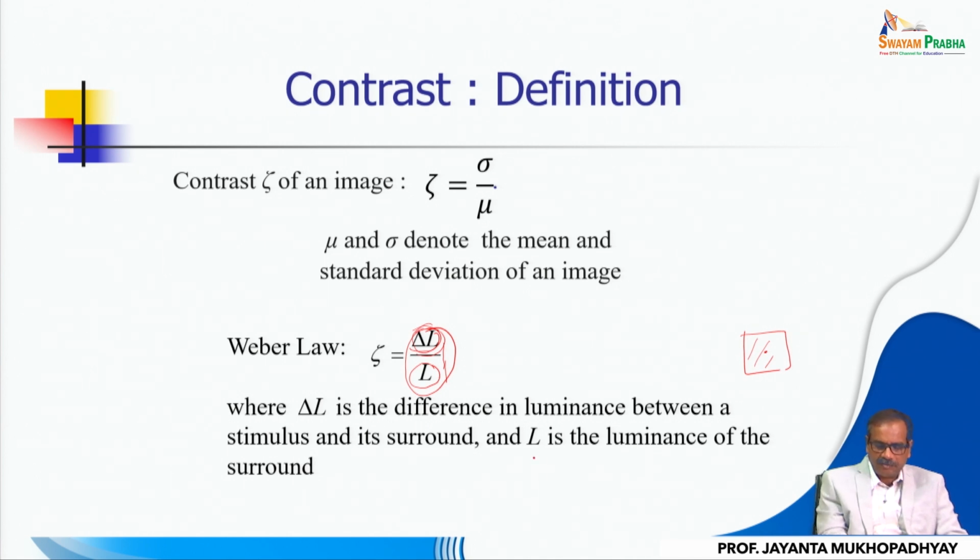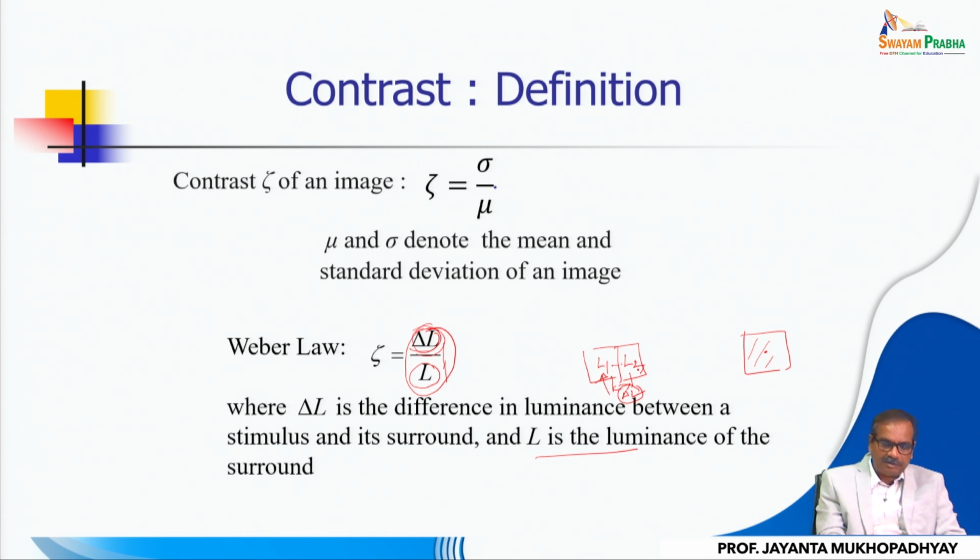In this case, it is the luminance we are considering, so the difference of luminance would be large. If I consider, say, two regions of luminance L1 and L2, this transition will be perceptible. That means there is a difference, that is delta L. Now, this delta L is proportional to either L1 or L2, or the average of L1 and L2, whatever you can say. So that is the idea.